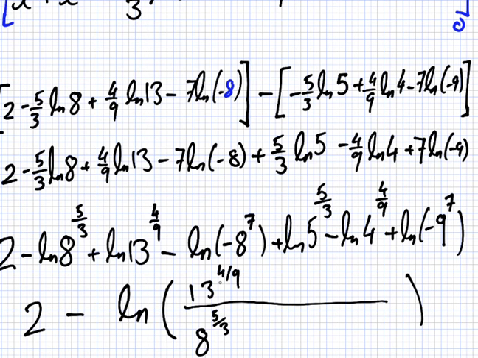This one is a minus, so it goes into the denominator. This one is a plus, so it goes in the numerator. This one here is a minus, so it goes in the denominator. And this one here is a plus, so it goes in the numerator.